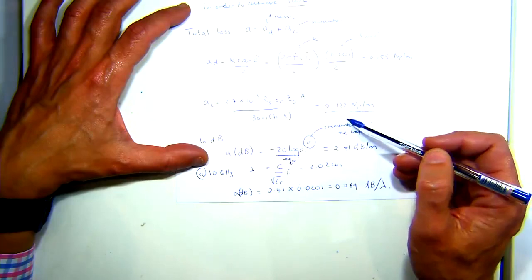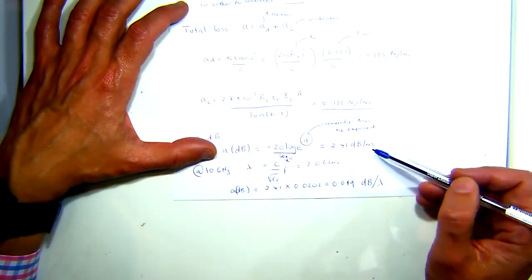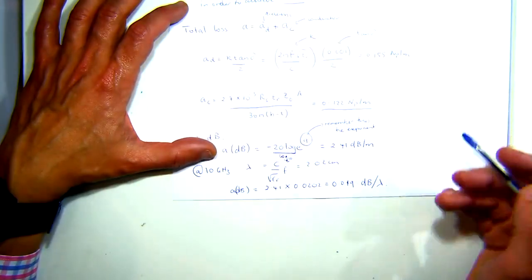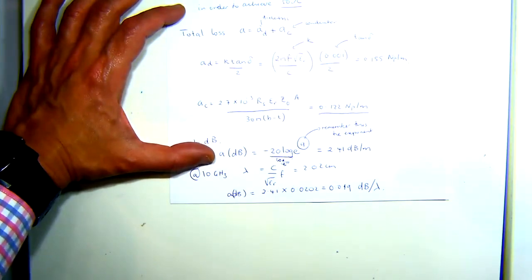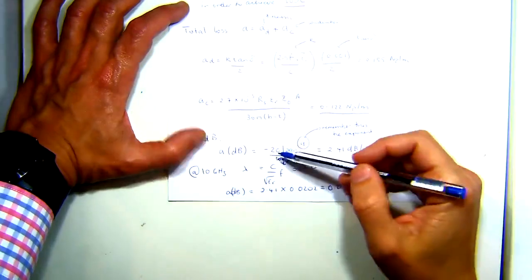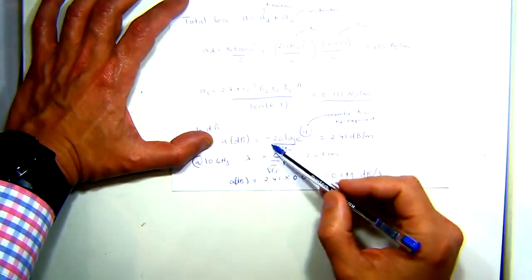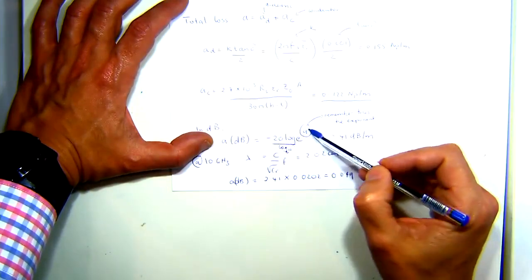I summed the two, but I've asked you to work it out in dB per meter rather than nepers per meter. And we know that nepers was e to the alpha, the propagation constant. So to convert it into dB, it's minus 20 log of e to the power of alpha, which is just minus 20 alpha.